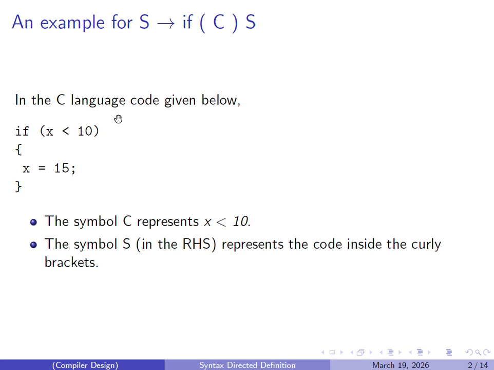So here, C is a condition which represents x is less than 10. We use the symbol C to represent x less than 10. And on the right hand side, we have S. This symbol S represents the code inside the curly brackets, that is, x is equal to 15.